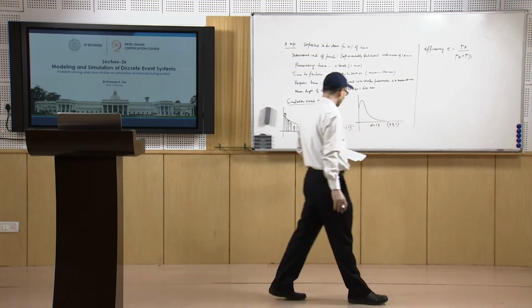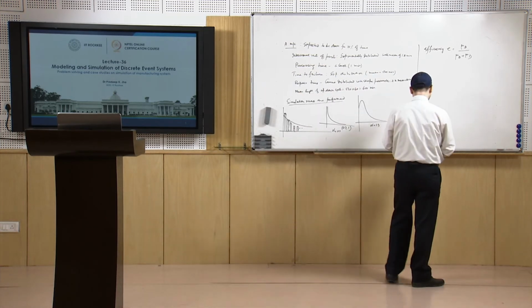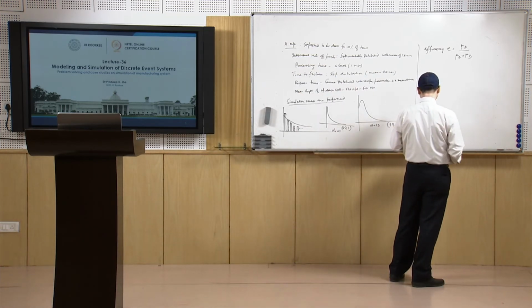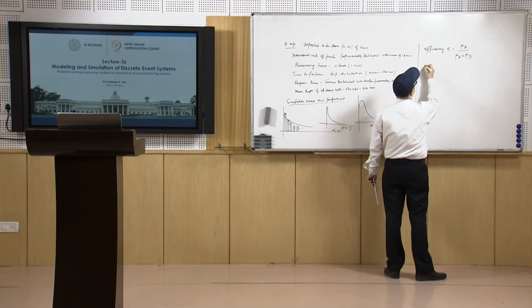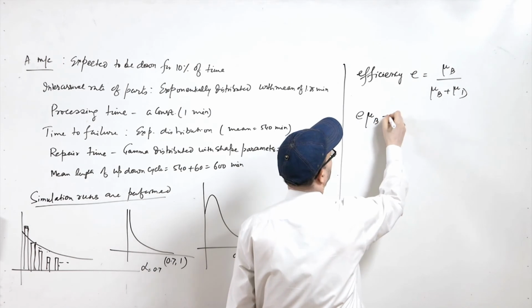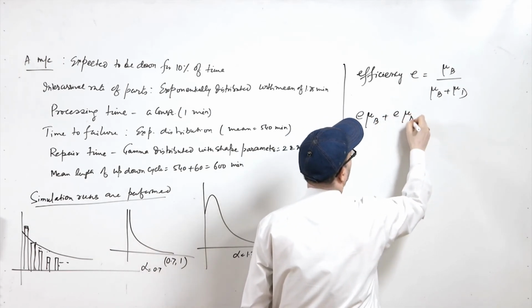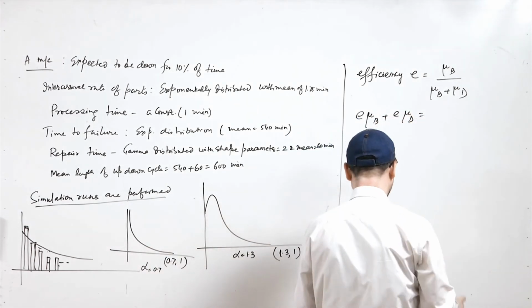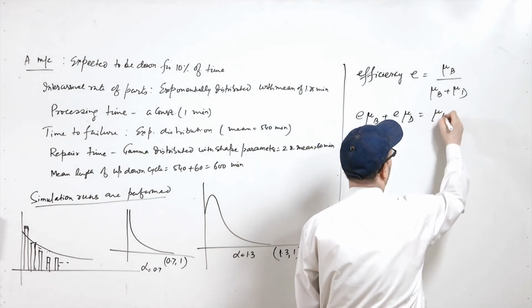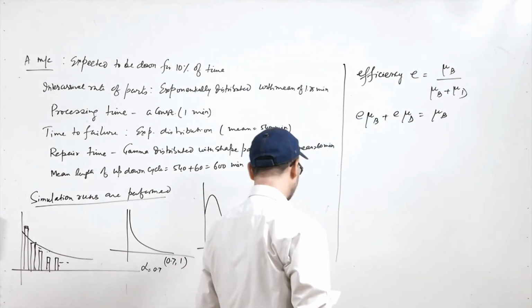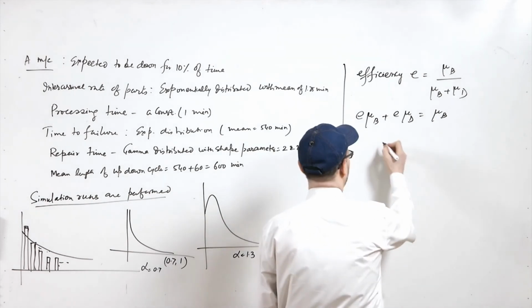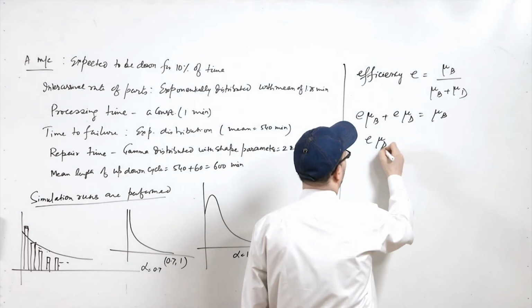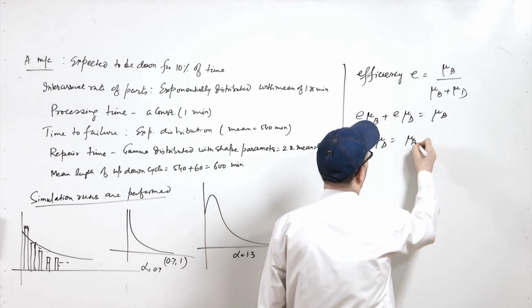Now E is defined as this, and from here you can get E mu B plus E mu D equals mu B. So from here we can get E mu D as mu B into 1 minus E.